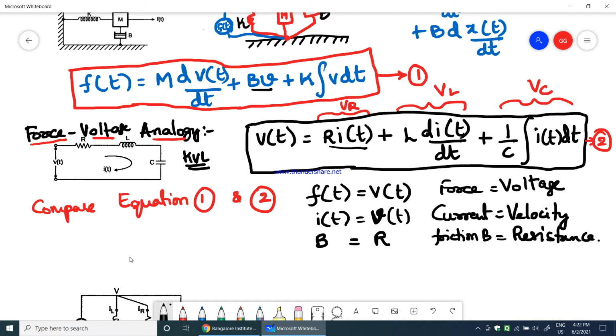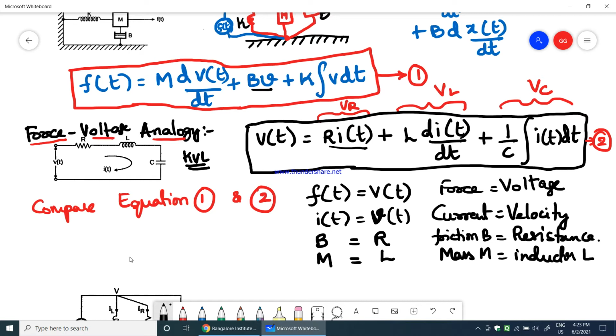Then comparing the like terms, M into dv of t by dt, L into di of t by dt, mass M will be equal to inductor L in the electrical network. So when I am writing the force voltage analogous network, this is how I compare with the mechanical system, and I replace the mechanical components with the equivalent electrical components.